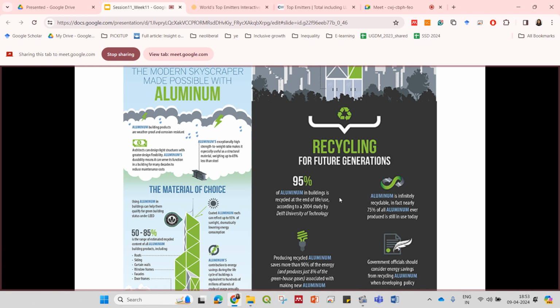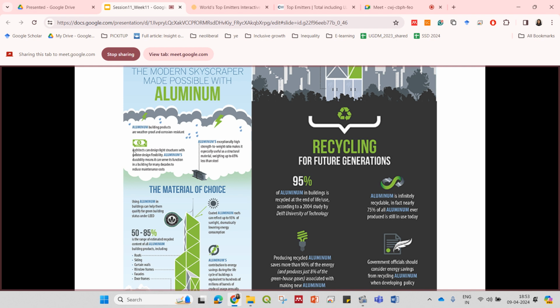So you might have seen this graphic representation of the qualities of aluminum that can enable the construction of the modern skyscraper, or how aluminum has made the construction of the modern skyscraper possible because of its quality. So you can see first that aluminum building products are weatherproof and corrosion resistant.